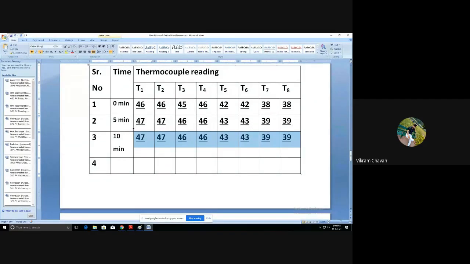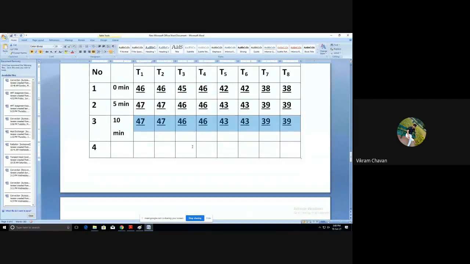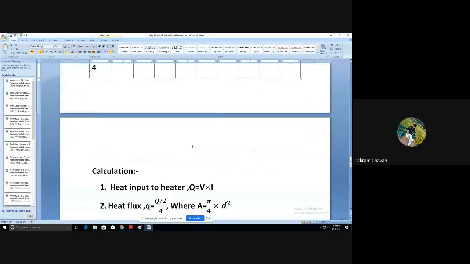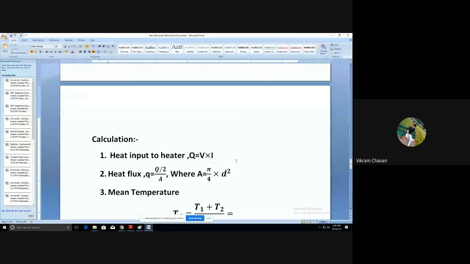For a particular thermocouple, the temperature is not changing with respect to time, because we are getting the same reading for the 5 minute and the 10 minute. So we can consider this last reading as the final reading, because we have achieved the steady state condition, and we have to move forward to the calculation.